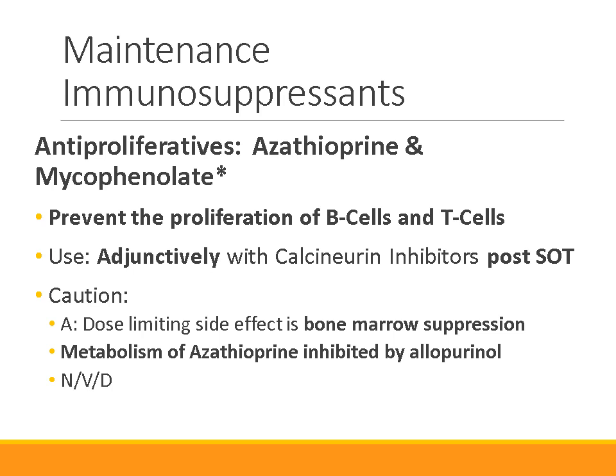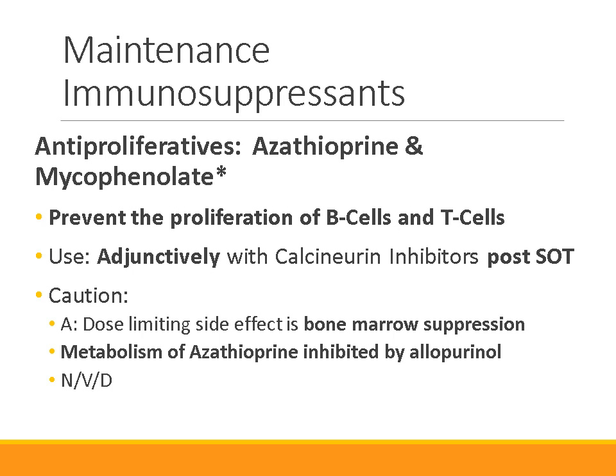Mycophenolate inhibits the enzyme that's necessary to make GMP, and GMP is necessary to make nucleic acids. So in both cases, you're unable to make DNA, which is necessary for proliferation of cells. It's just that they do it in different ways.